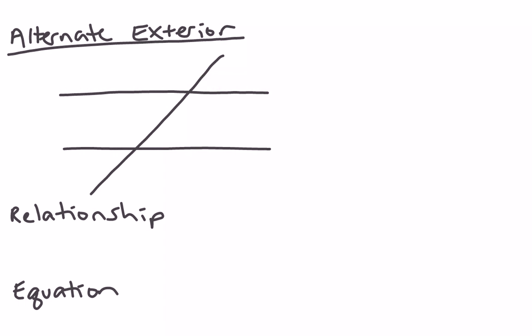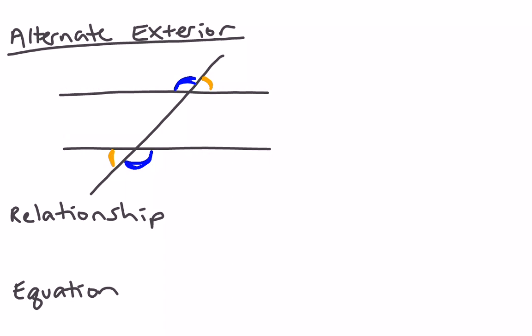So alternate exterior, that means we're going to be on the outside. So if I choose this one, the other outside angle on the other side of the transversal is there. So then I also have a different pair here.